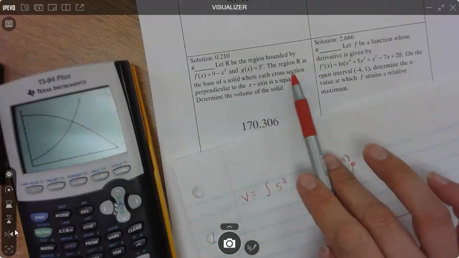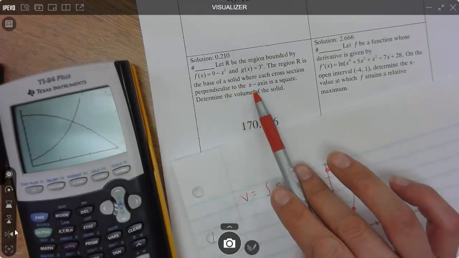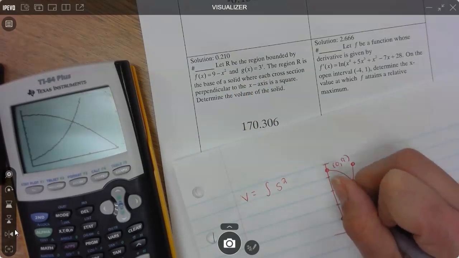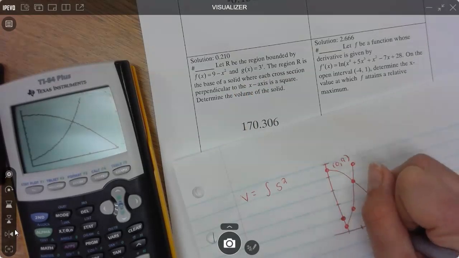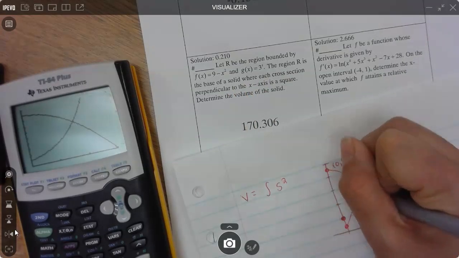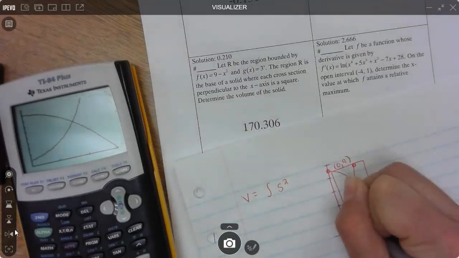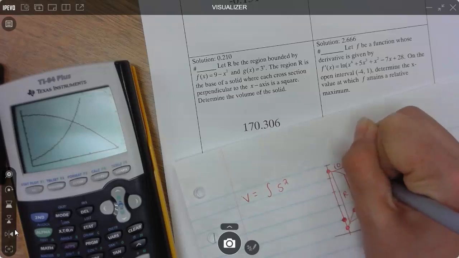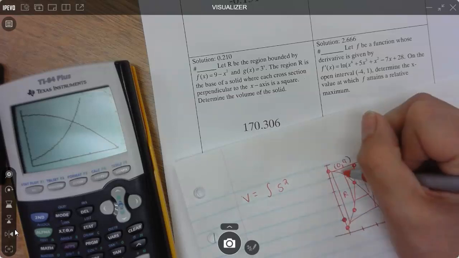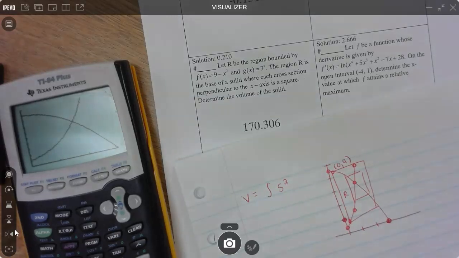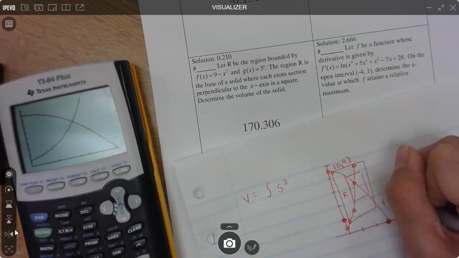So my cross sections are perpendicular. So if this is the x-axis, they're perpendicular to the x-axis. So here's my R. So that means that my cross sections are going to be squares where it's top minus bottom. So the top curve is always f of x.